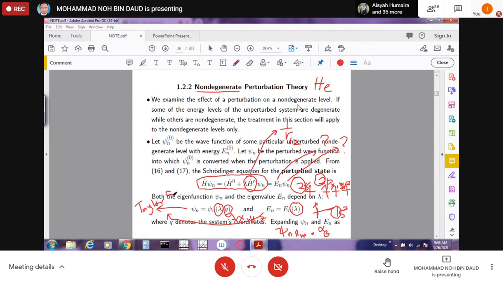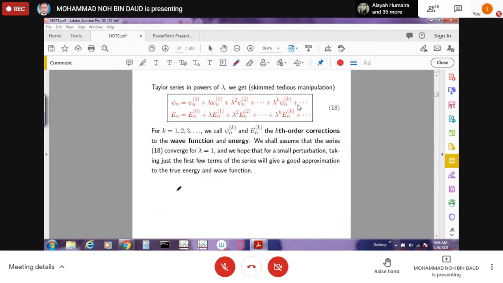Taylor series, and this is the final form of the wave function we want to find, using the unperturbed wave functions, these known wave functions.